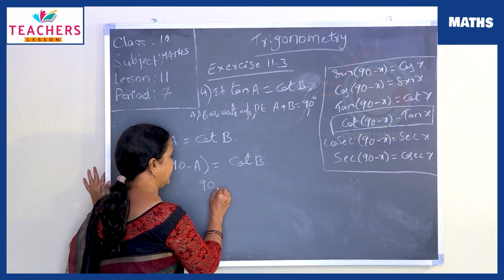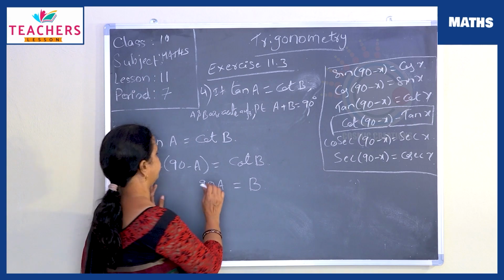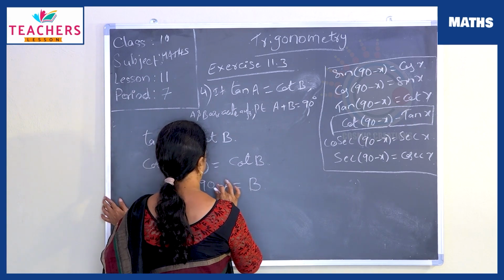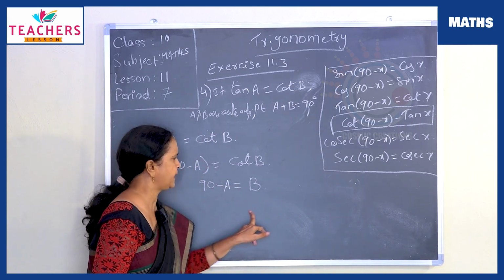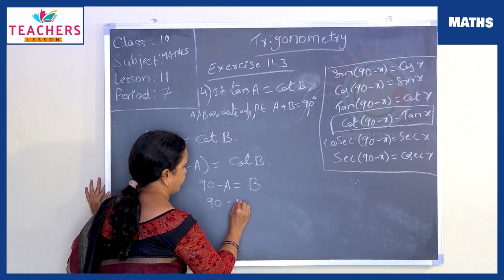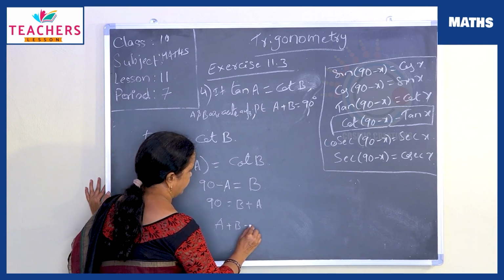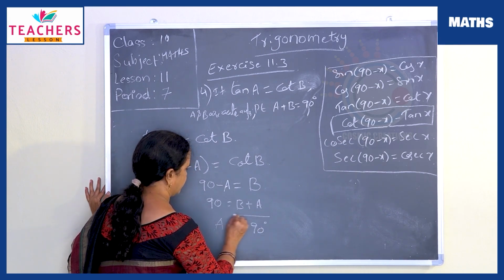So 90 minus A equals B. Bring this A to the other side: A plus B is equal to 90 degrees.